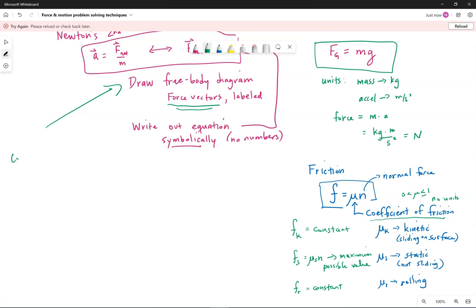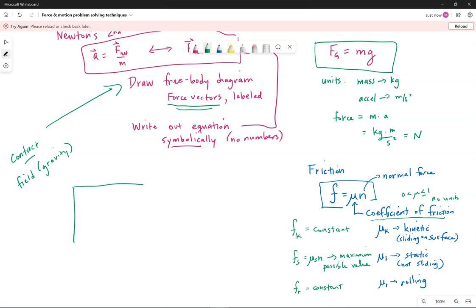As a reminder as well, all forces are either contact, meaning they're coming from something in contact with the object we are interested in, or they're field forces, our main example being the force of gravity. So identifying the forces, drawing the free body diagram, then we can write out F equals ma, the net force, Newton's second law. We'll write that out symbolically, and then given the information given in the problem, we can solve for whatever we're asked for.